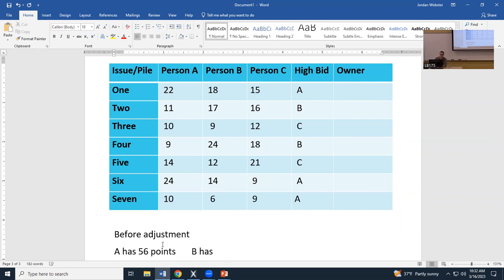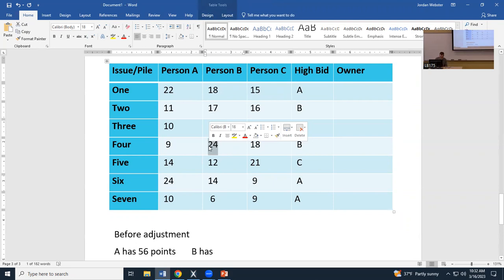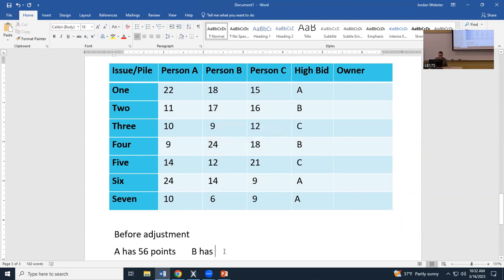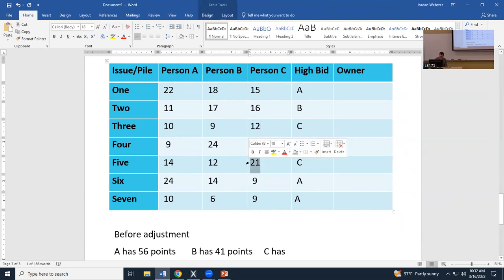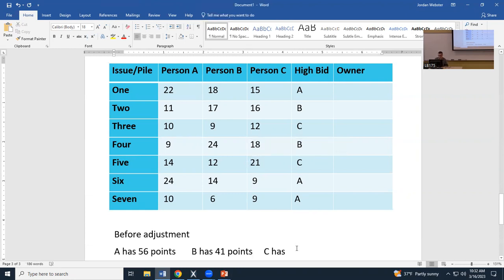B has 17 plus 24. That's 41 points. And then C has 12 plus 21. 33 points.